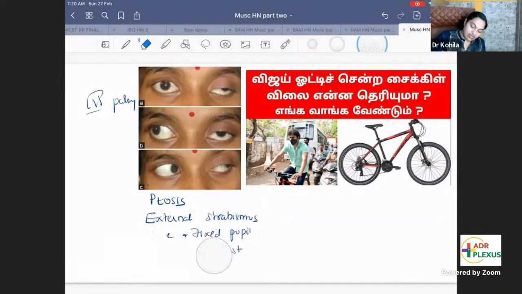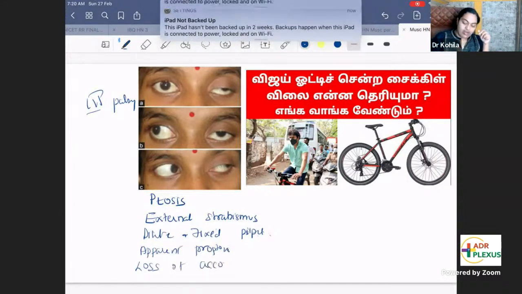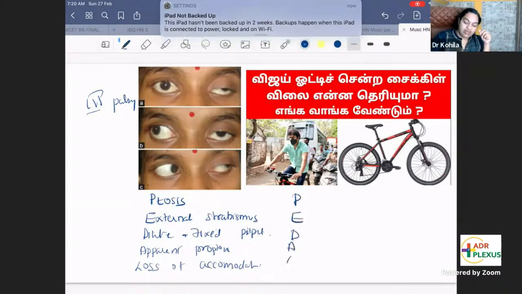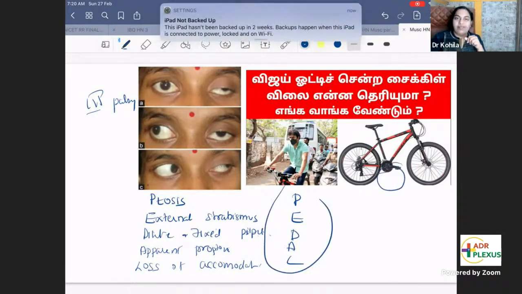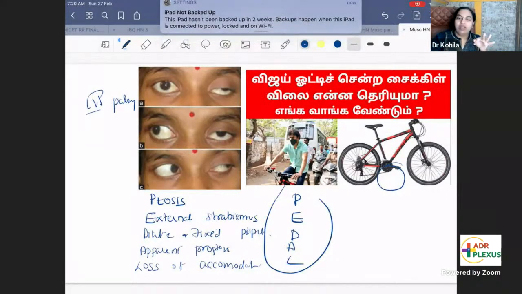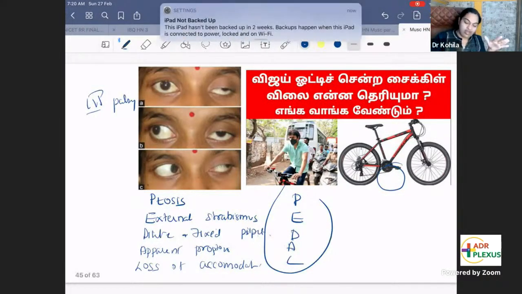Dilated and fixed pupil. There's apparent protrusion of the eyeball, just proptosis sort of thing, because of flaccid paralysis of most of the muscles. Loss of accommodation. Okay. PEDAL. Mnemonic for oculomotor nerve palsy. Okay. Ptosis, external strabismus, dilated and fixed pupil, apparent proptosis due to flaccid paralysis of most of the muscles of eyeball, loss of accommodation.